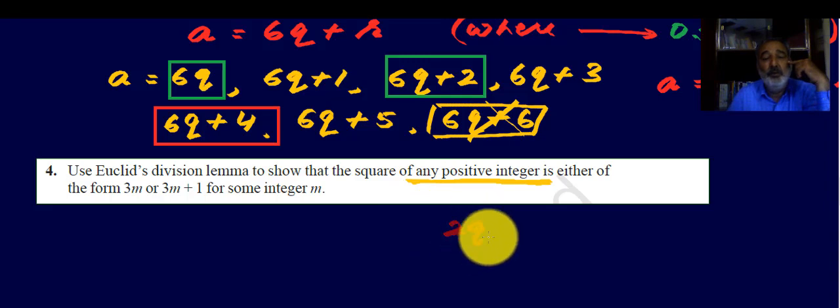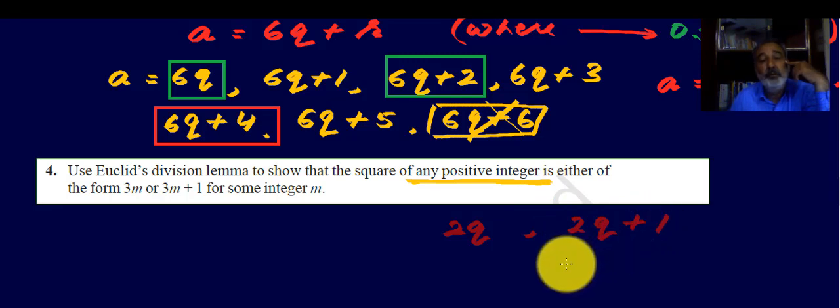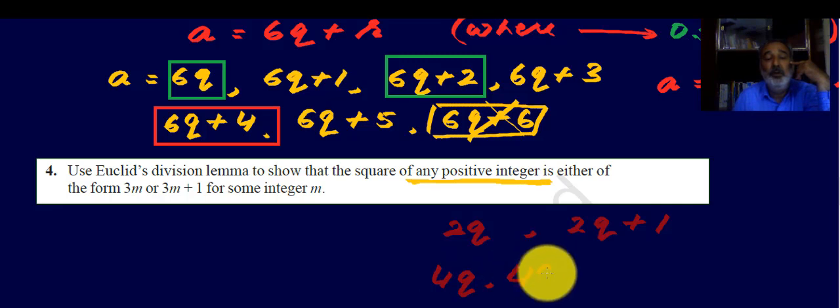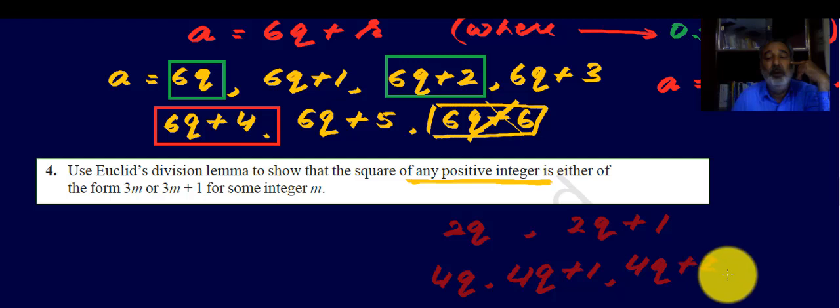First form was 2q and second form was 2q plus 1. In the second question, when I took the value of b equal to 4, the forms were 4q plus 1, 4q plus 2, and 4q plus 3.